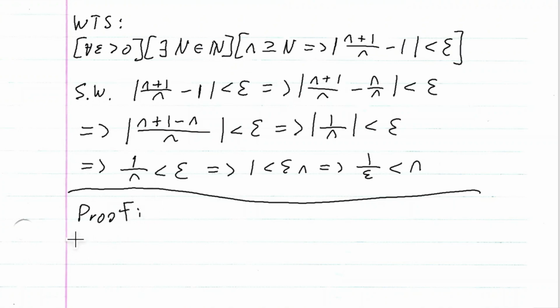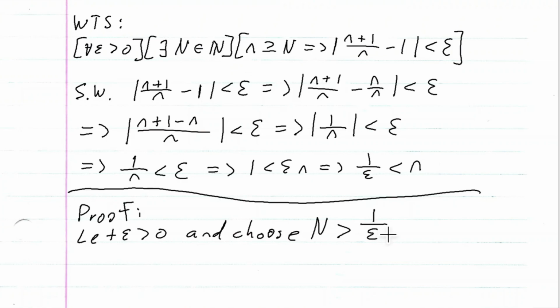So we're going to let epsilon be bigger than 0 and choose capital N to be bigger than 1 over epsilon, okay? Where, of course, capital N is a natural number, okay? So remember, we want to start with the assumption that little n is bigger than or equal to big N and eventually get to this over here.